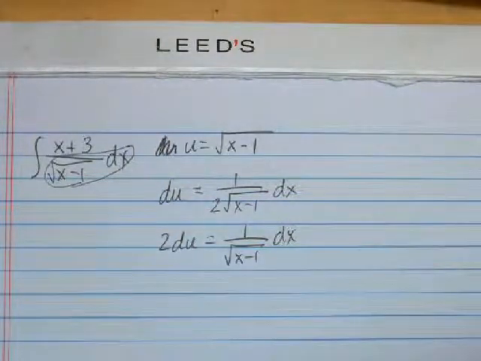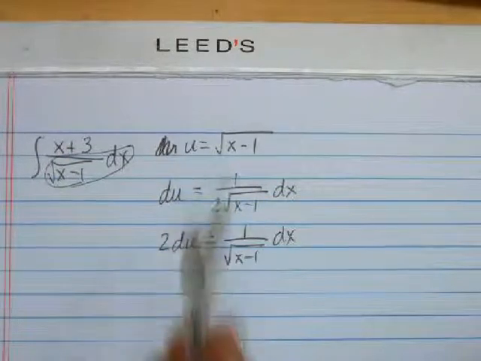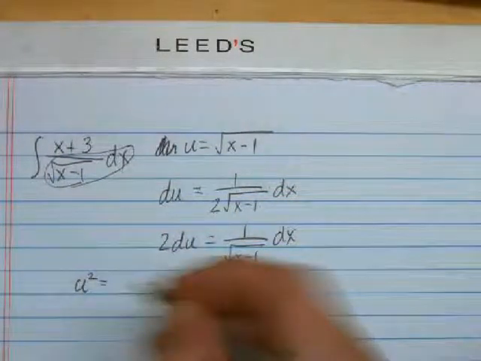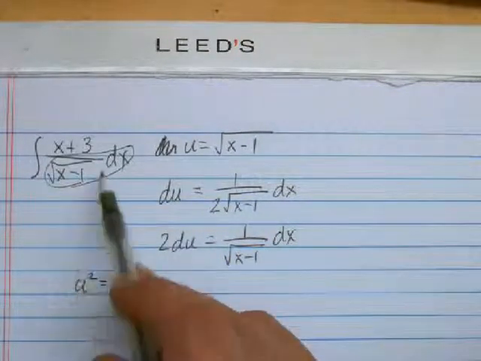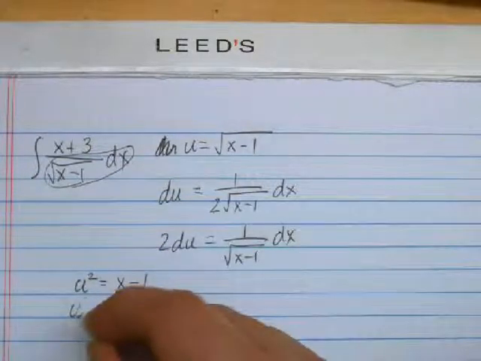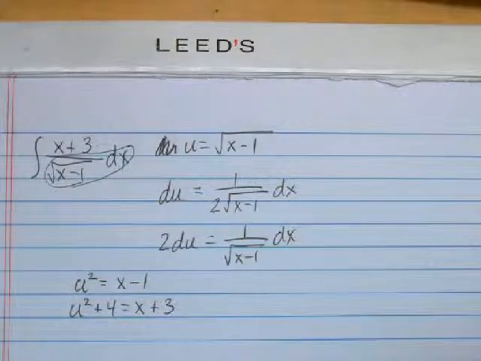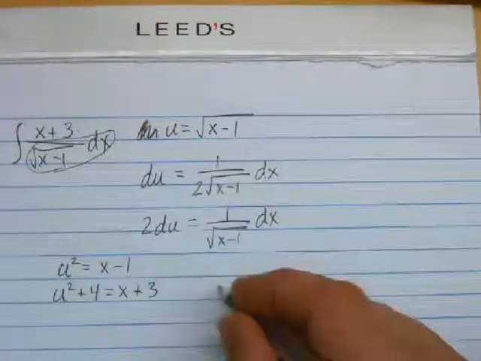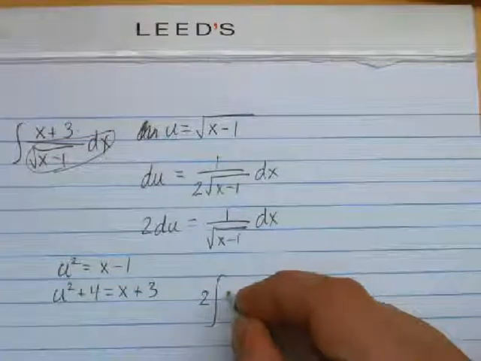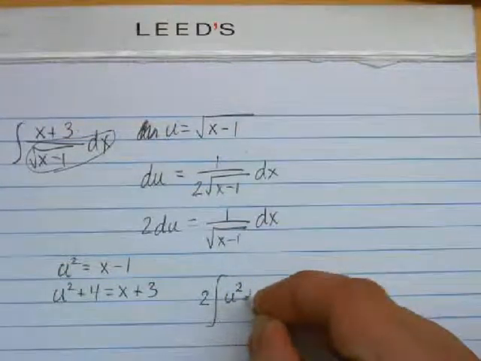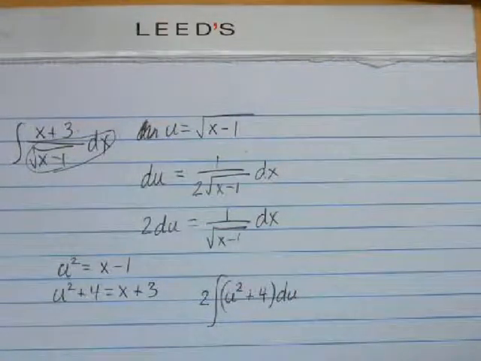So the question is, how do we rewrite x plus 3 in terms of our u? Well, I know that u squared is equal to x minus 1. Therefore, all I need to do is add 4 to make that equal to x plus 3. So now we can rewrite our integral as, I'm going to pull that 2 to the outside, the integral of u squared plus 4.